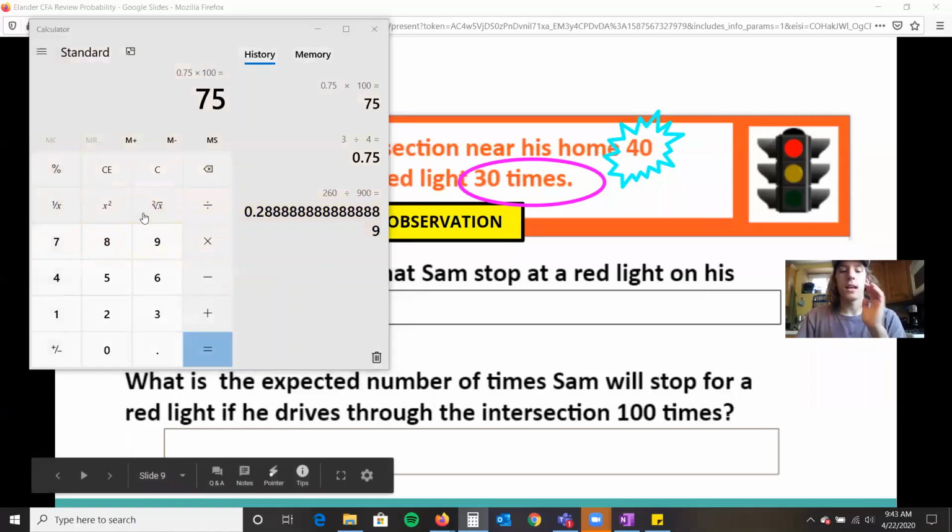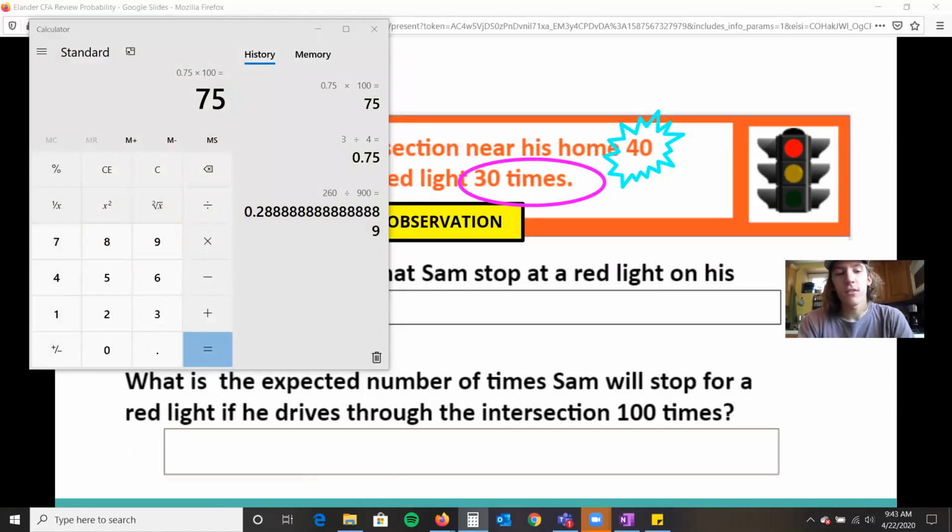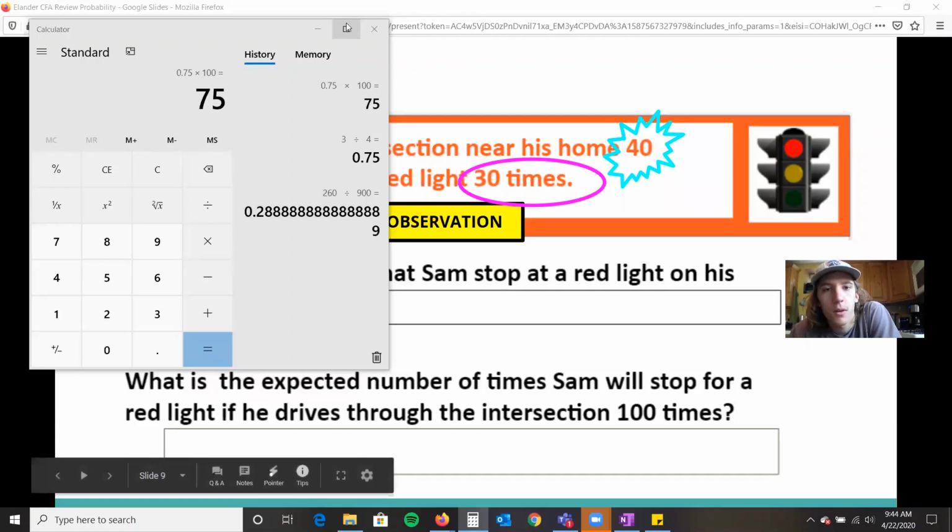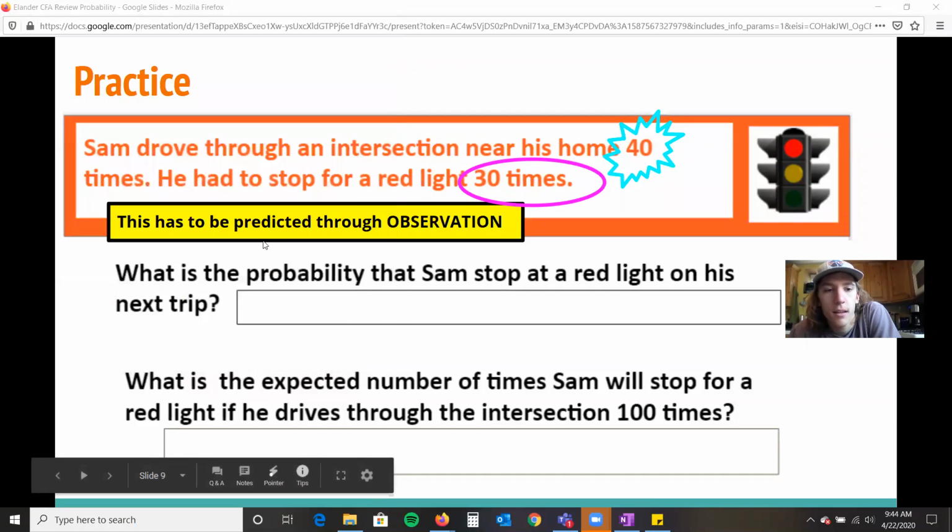So the answer is, we can predict about 75 times out of the next 100 times that he goes through the intersection, he will stop on a red. So we take our probability and we multiply it by the number of times we're predicting.